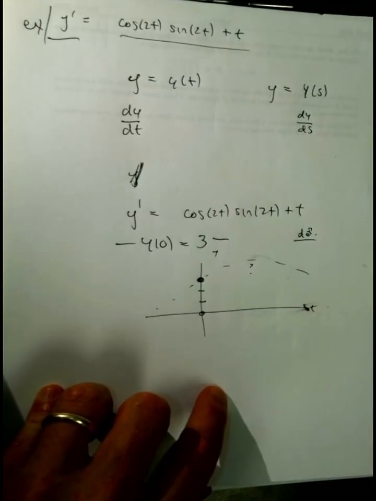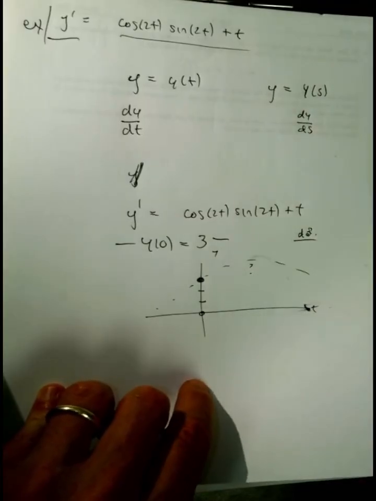I don't have to do it this way, but I want to follow what happens in your book. So the situation now is y prime equals cosine 2t times sine of 2t plus t, and when t equals 0, I know that y equals 3. We're going to refer to this as the initial condition, or I'll abbreviate it as IC.